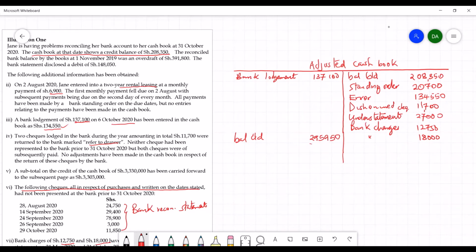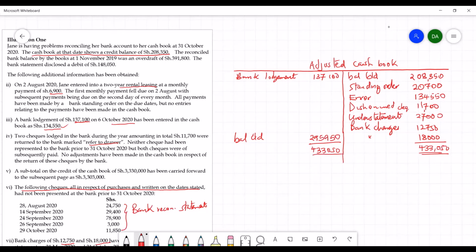And then after the balance carried down, we enter the total, which equals 433,050 on both sides.